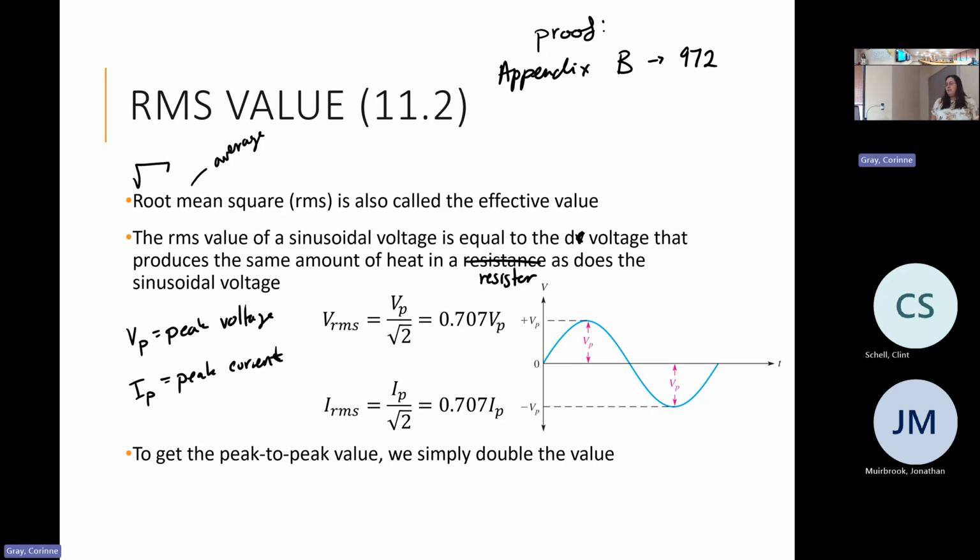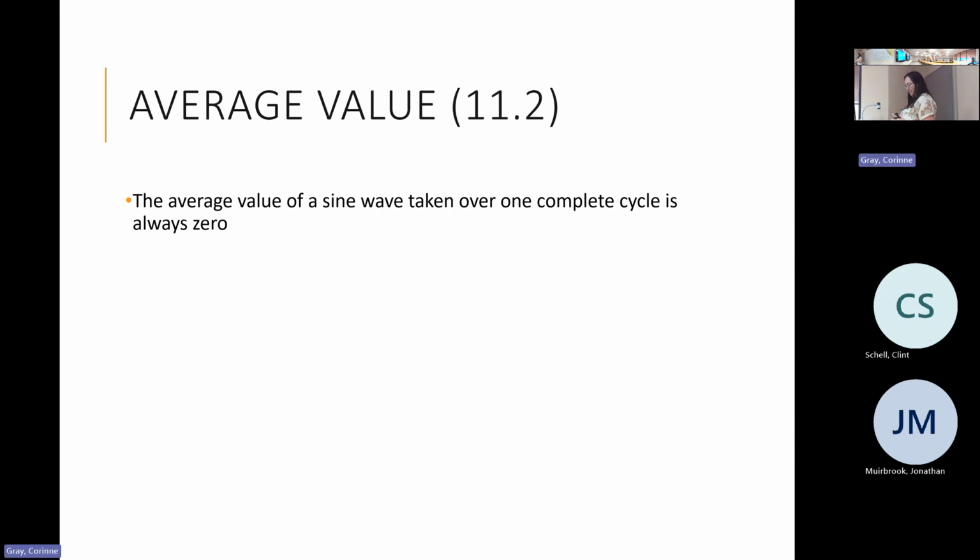Before we go into the next slide, what is the average value of a sine wave? Yeah, so the average value of a sine wave over one complete cycle is always 0. It doesn't matter what the peak is.